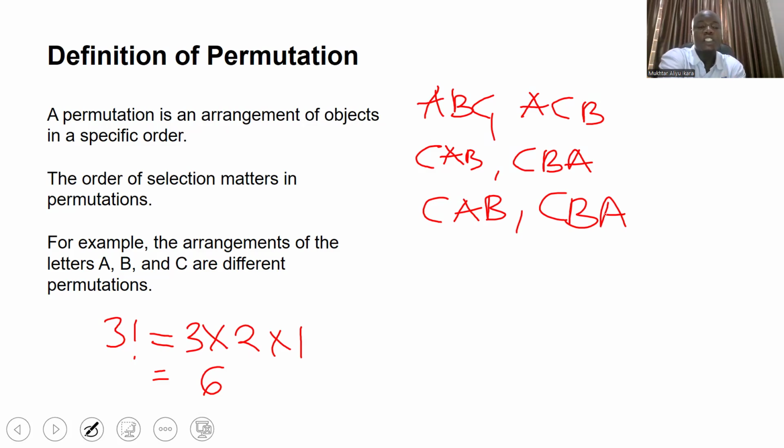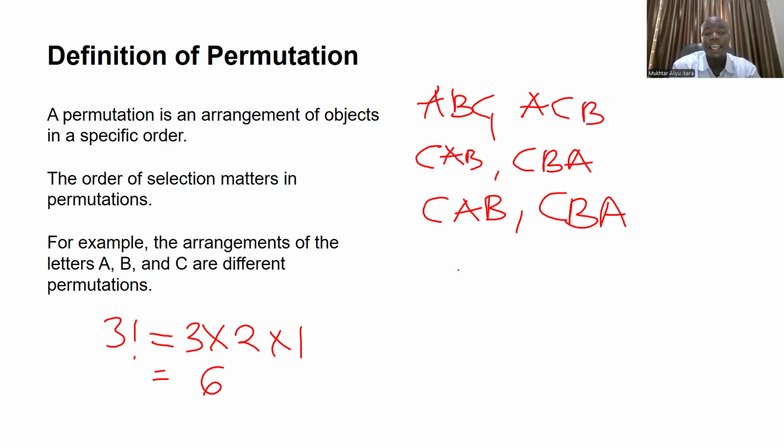So a permutation is one of the mathematical tools used in arranging numbers or letters in order. This shows you the possible ways that you can arrange letters A, B, and C. You can arrange them in 6 ways.